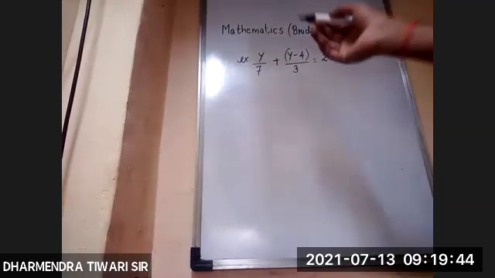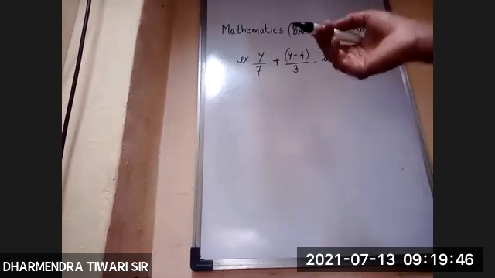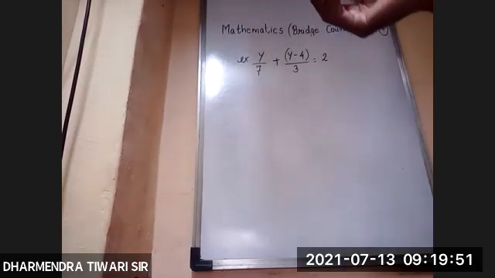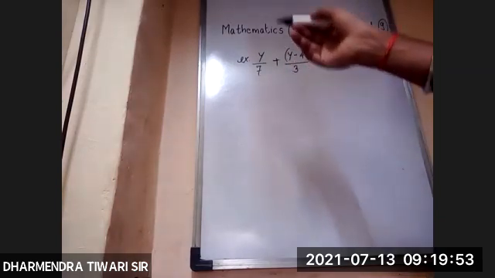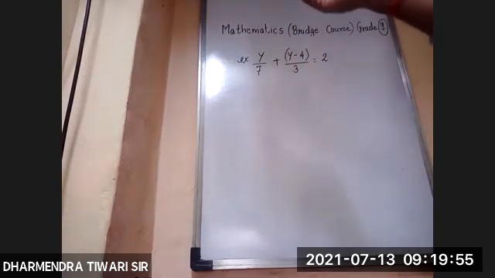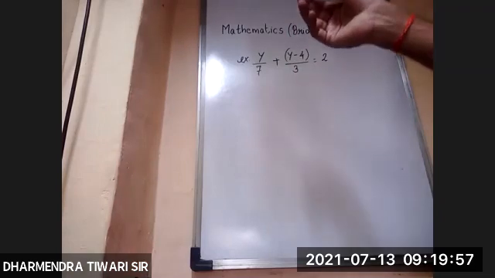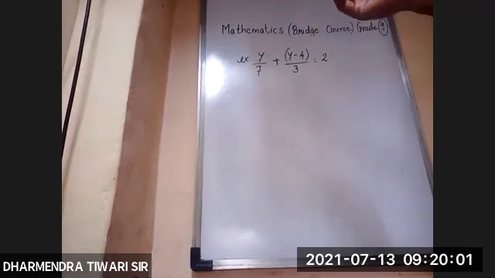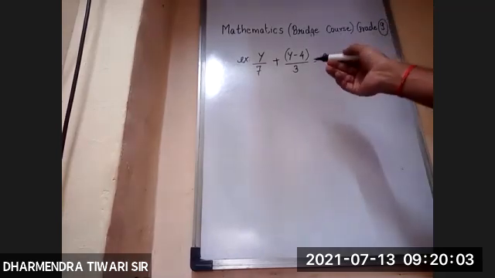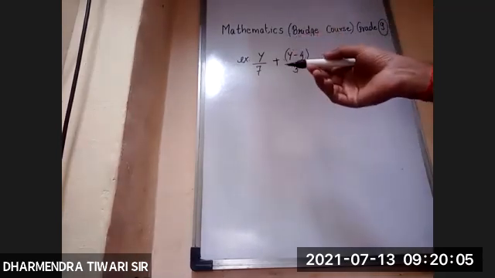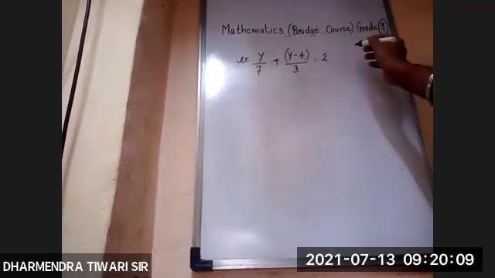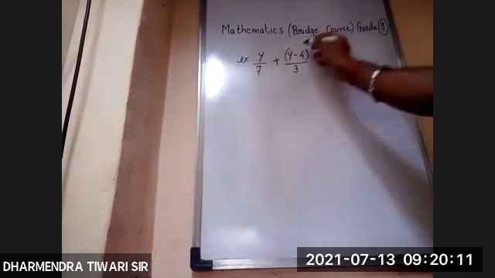So now we are having 2 fractions on one side with positive sign in between and different denominator. So what to do now? As you know how to get the LCM, or if you don't want to find the LCM, then I can see that LCM is 21. Multiplying by 21 throughout, or you can do cross multiplication.